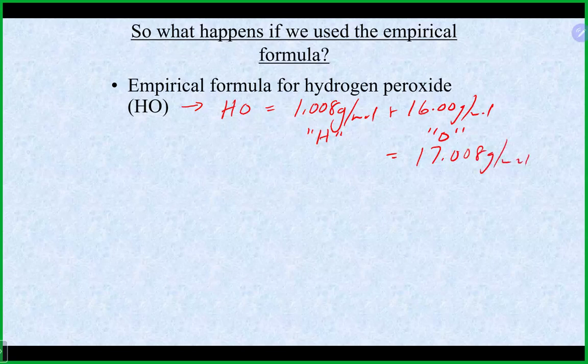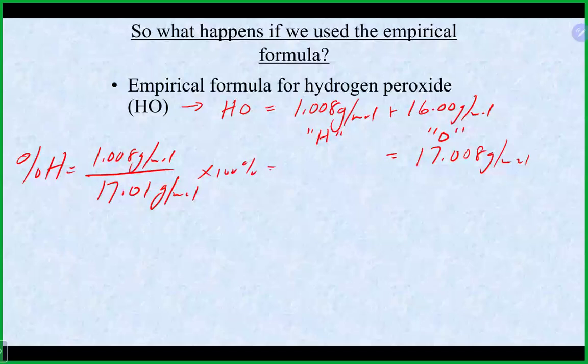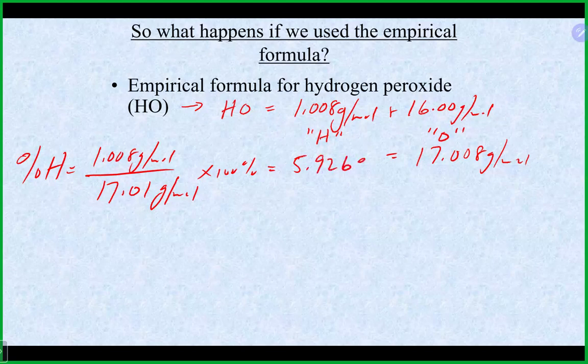At this point, we could do our percentage of hydrogen, and that is 1.008 grams per mole, as there's only one, divided by 17.01, I'll just round a little bit there, times 100%. And that's going to get us 5.926% hydrogen.